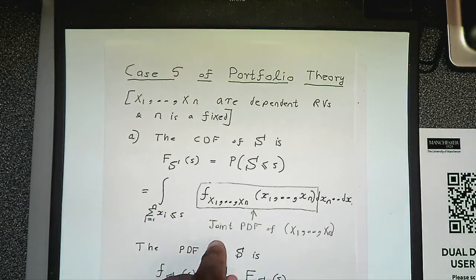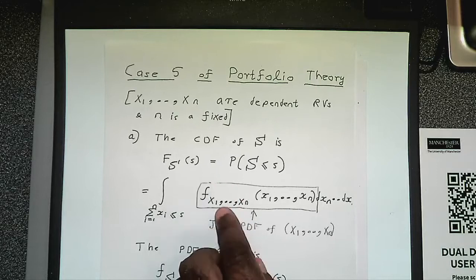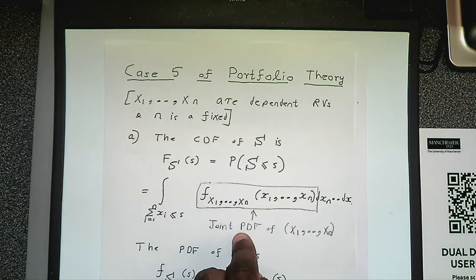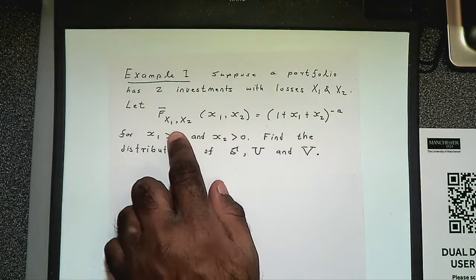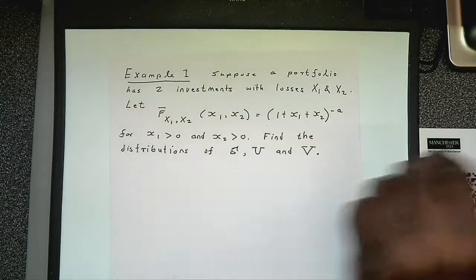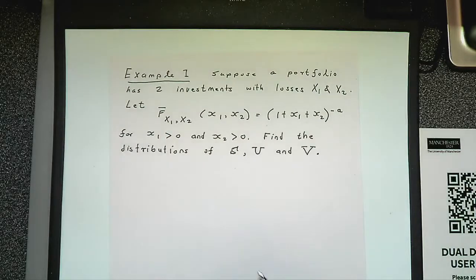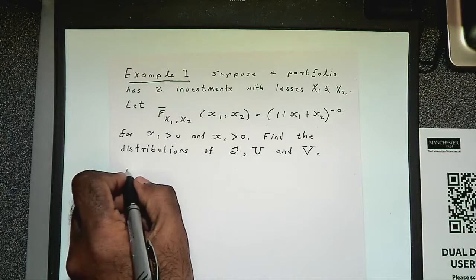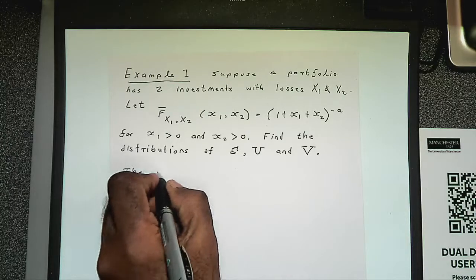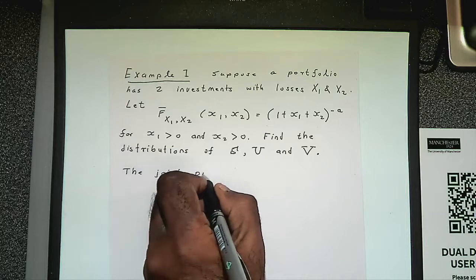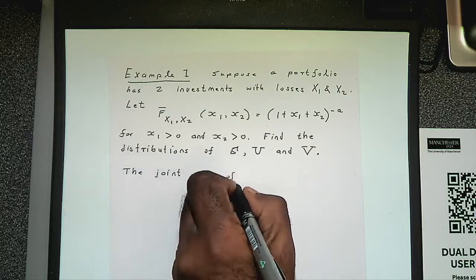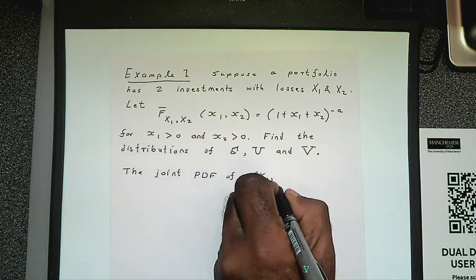And in order to find the CDF, you need to first derive the joint PDF of the losses, right? So that's the first thing you must do. What you are given here is the joint survival function, right? So in order to find the distribution of S, we need to find the joint PDF of x1 comma x2.